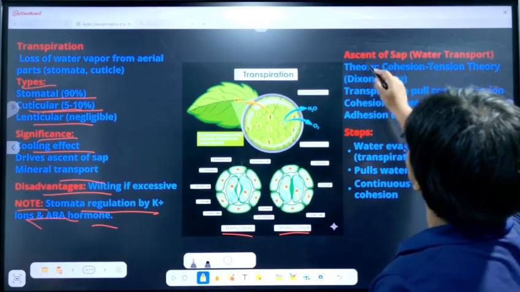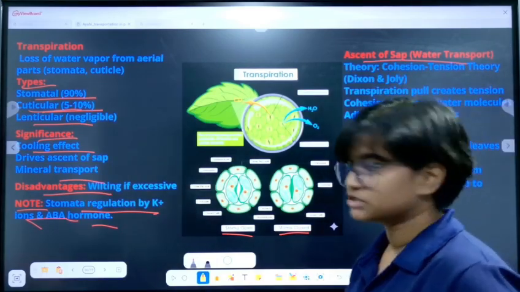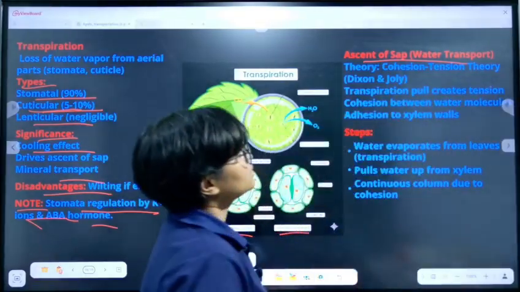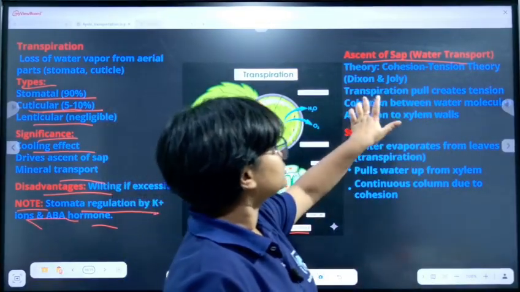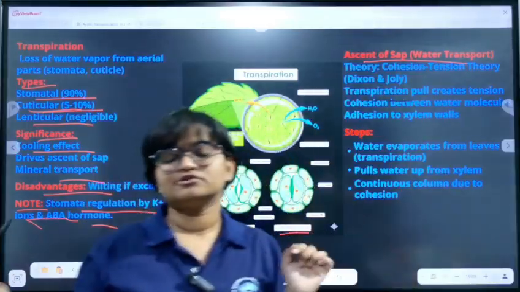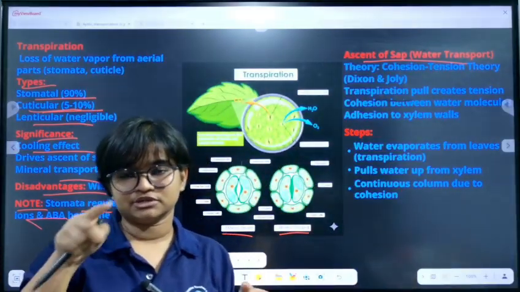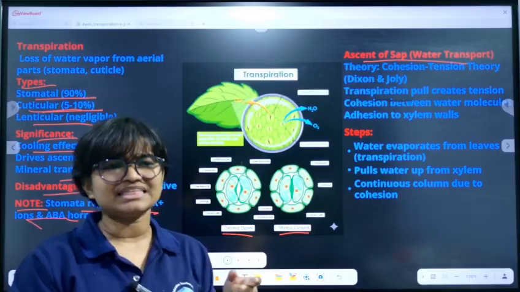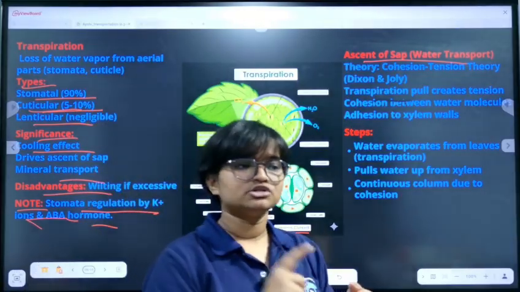And there is also ascent of sap, water transport. I have already told you about the xylem. In the process, there is the transpiration pull.